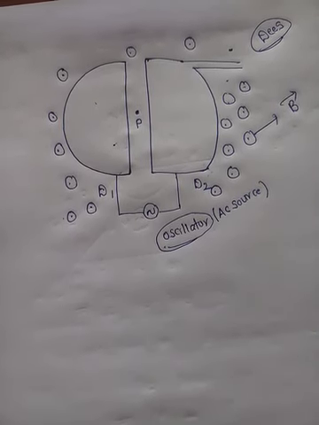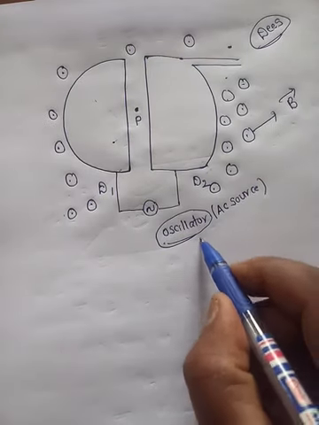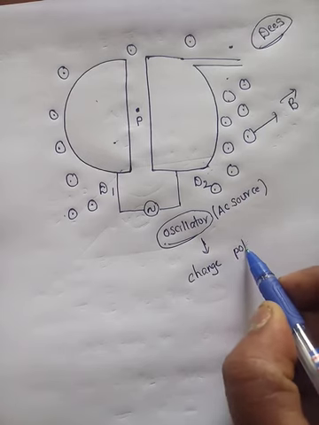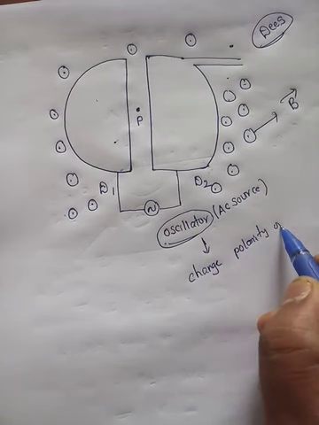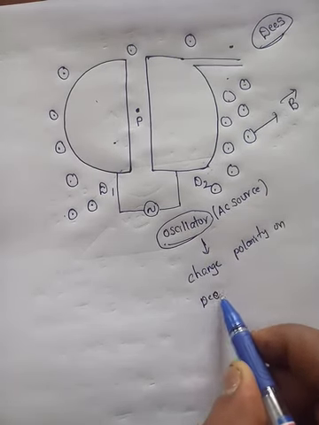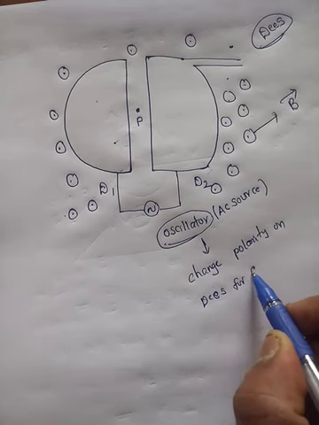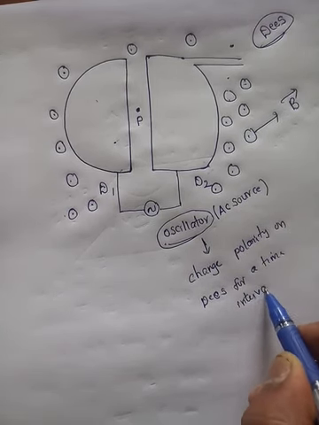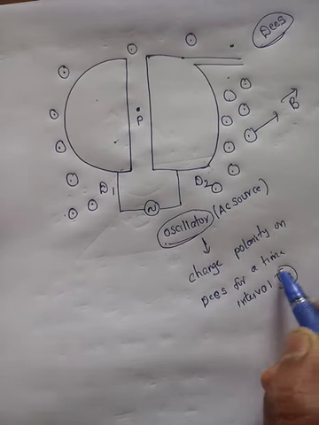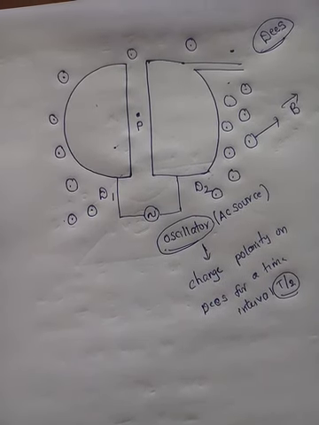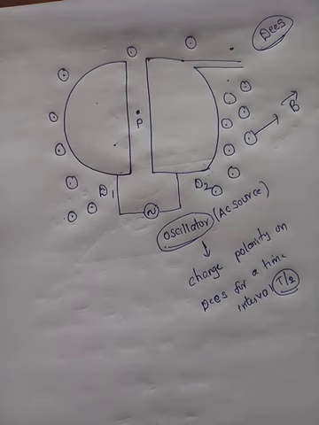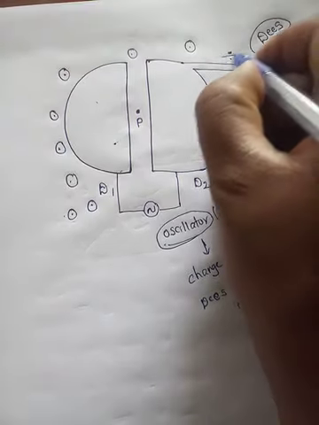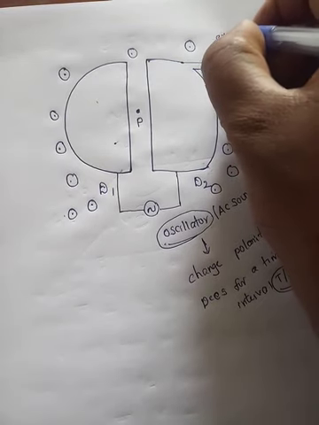So the function of the RF oscillator is to change the polarity on the D's every T/2. This is a very important condition. This is called the exit slit.